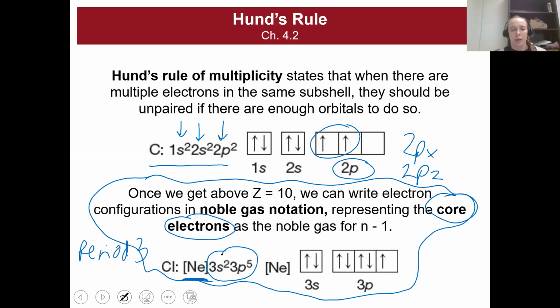So chlorine has 7 more than neon. It has 17 electrons. So 10 of them are in the core of neon. They look like neon, but then we have 7 more on top of that, and they fill the 3s and 3p orbitals like this. Okay, cool.